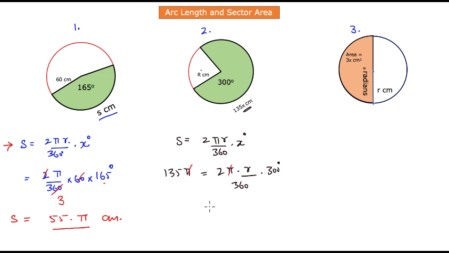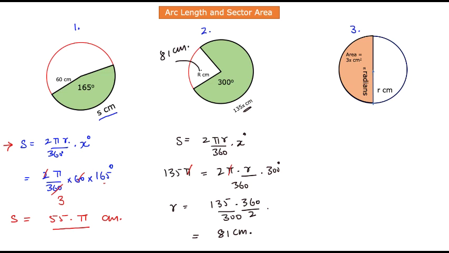First we get rid of pi. Then we obtain that the radius is equal to 135 times 360 divided by 2, and this 300 also goes in the denominator. When you solve all of this mathematics, you will find that r is equal to 81 centimeters.